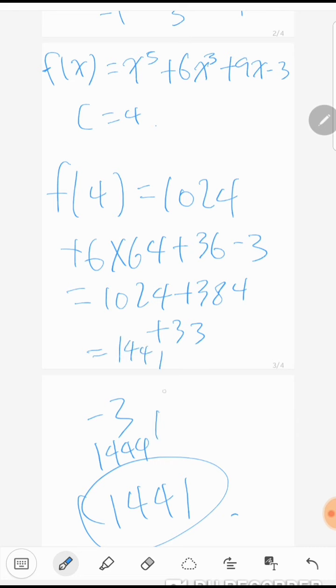So I guess that really is the answer. So f of 4 would be 1441.